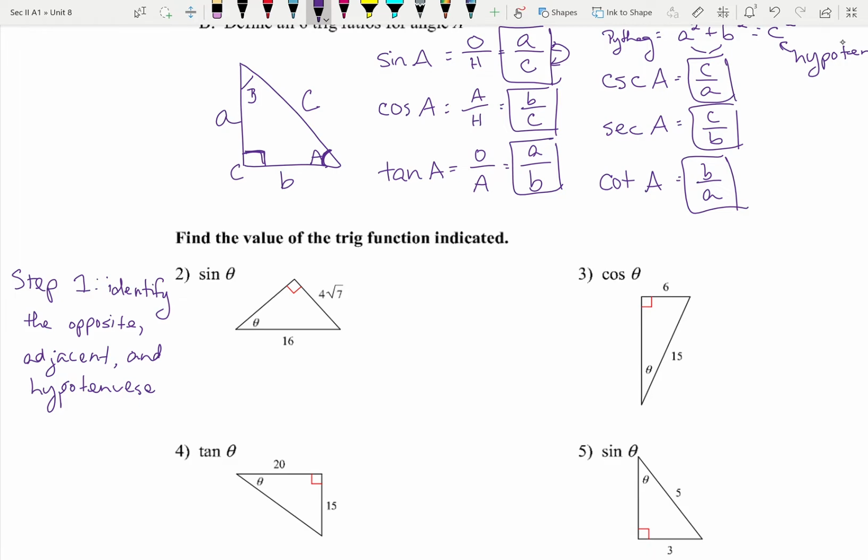Okay, so I'm going to go to my picture. If this is theta, here's my opposite side directly across from the angle. This would be my hypotenuse side. So that means that this non-identified side over here would be my adjacent side.